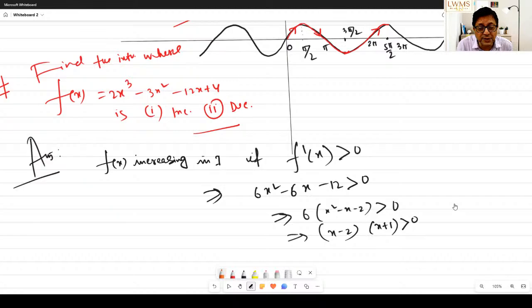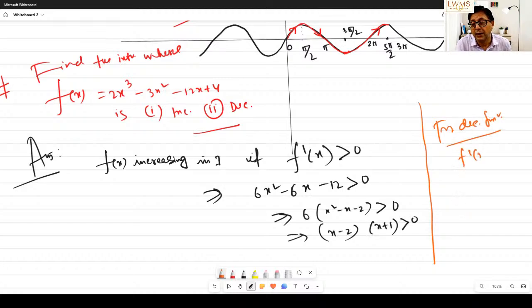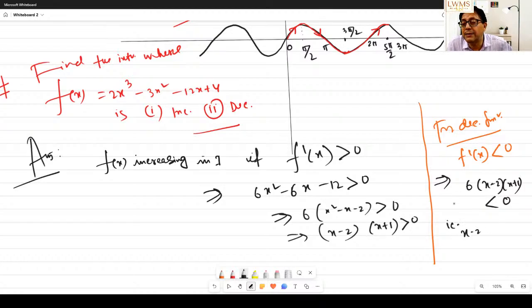For a decreasing function, you take advantage of the previous step. For a decreasing function, f dash x less than 0. So this implies 6 into x minus 2 into x plus 1 less than 0, that is x minus 2 into x plus 1 is less than 0.